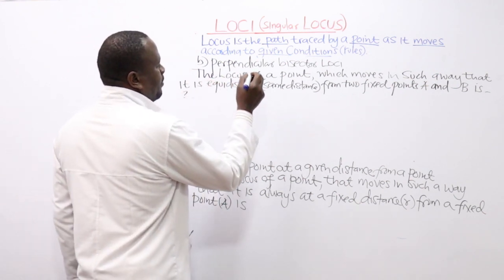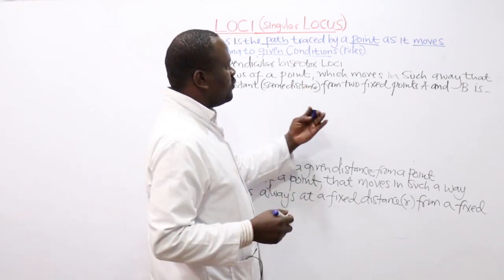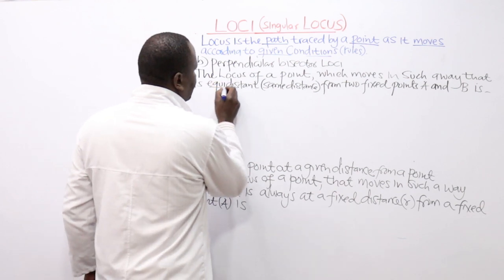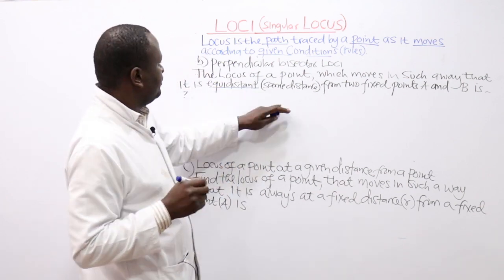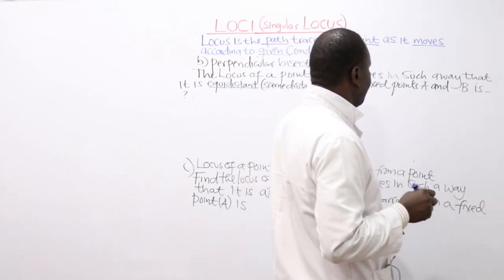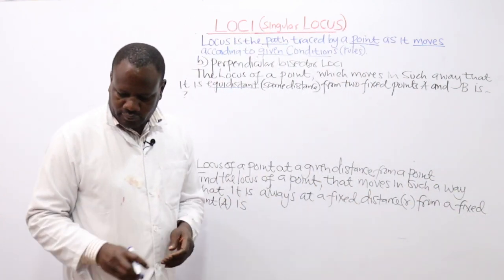The locus of a point which moves in such a way that it is equidistant. Equidistant meaning the same distance from two fixed points A and B. What is it?